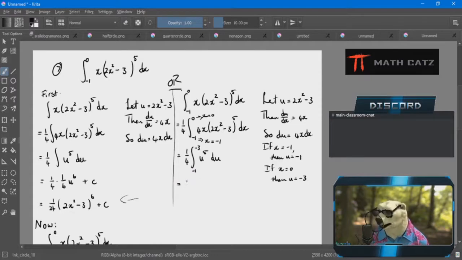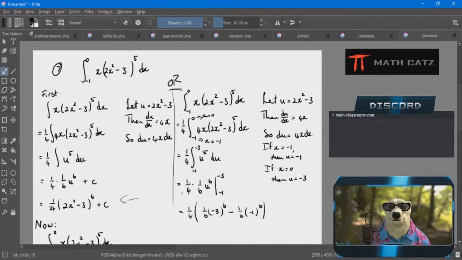Let me finish this. I have my 1/4 in front. I'm looking to find this definite integral, which means I'm looking for my antiderivative, which is in u, and I'm going to plug in the corresponding numbers for u, which means I have 1/4, which technically stays out in front, I suppose, 1 over 6 negative 3 to the 6 minus 1 over 6 negative 1 to the 6.